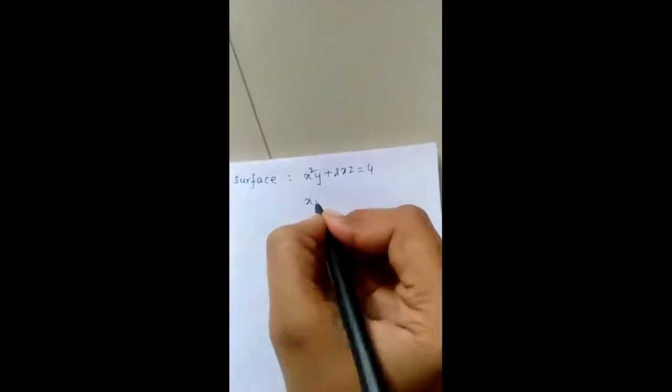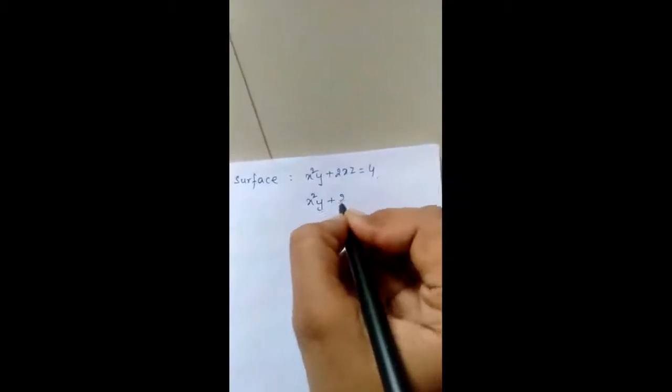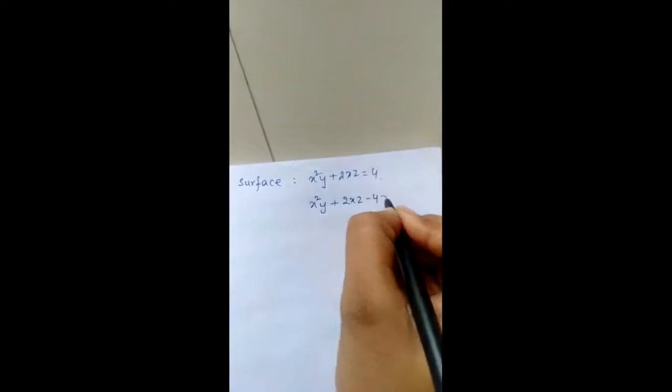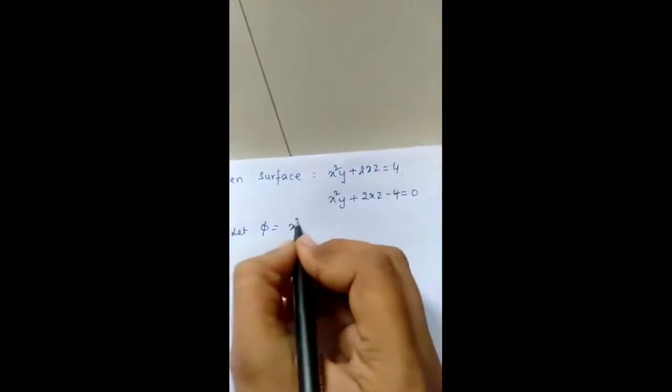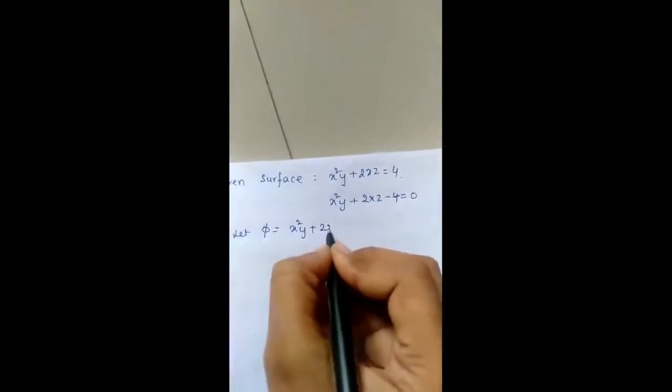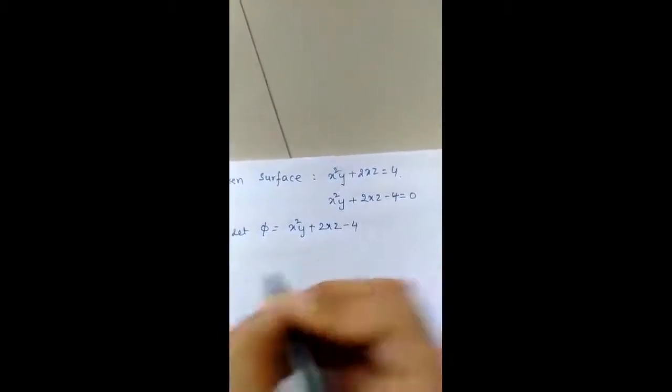Make it an equation: x square y plus 2xz minus 4 equals 0. Let phi equal x square y plus 2xz minus 4.